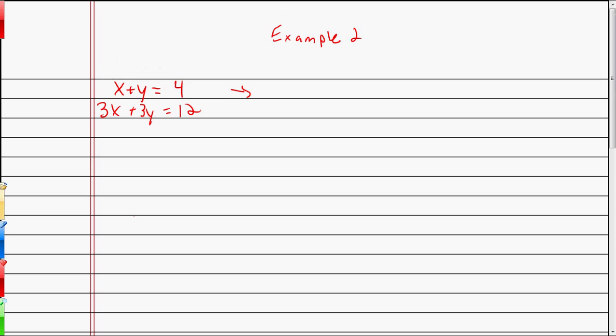I'm going to solve this for, say, x. x equals 4 minus y again. Plug that back into this equation. So I get 3 times 4 minus y plus 3y equals 12, which gives me 12 minus 3y plus 3y equals 12.